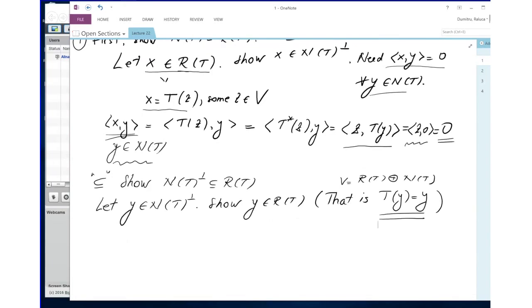And in order to get there, we're going to look at the norm of Y minus T of Y squared. We're trying to show that this norm is 0, of course. If we show that this is 0, then Y would have to be equal to T of Y, so Y is in the range, and we're done.